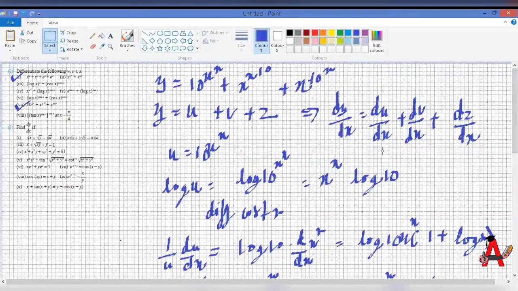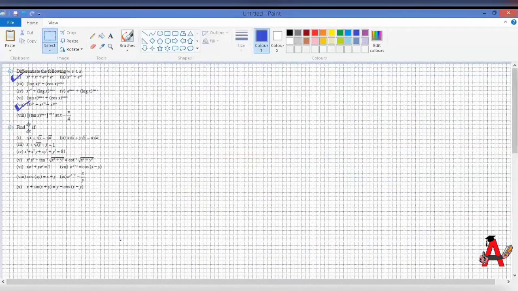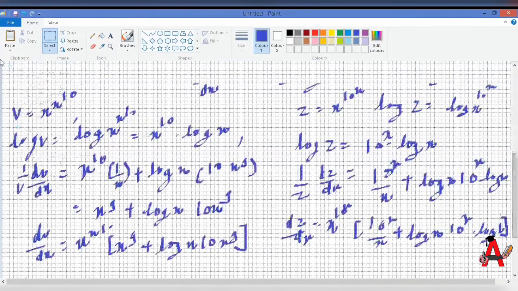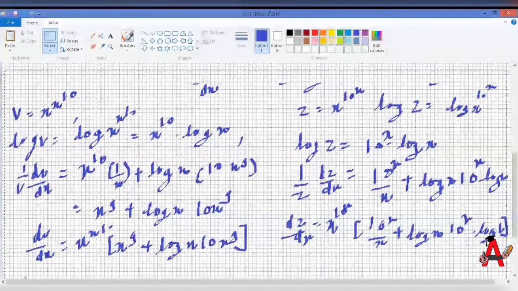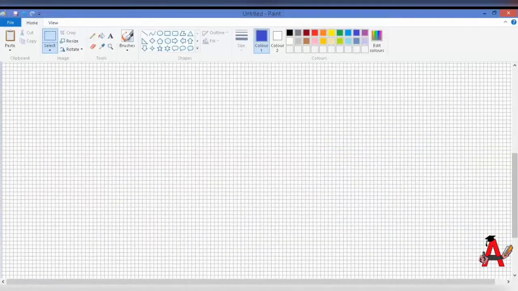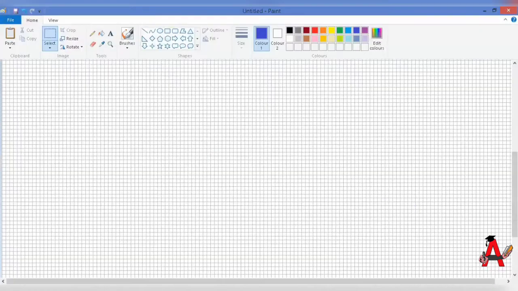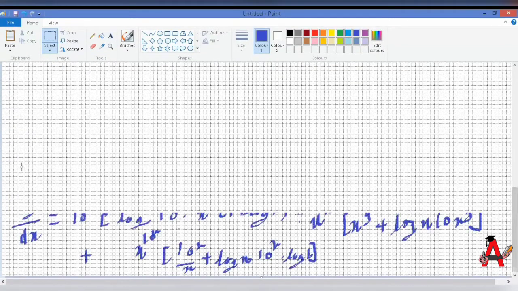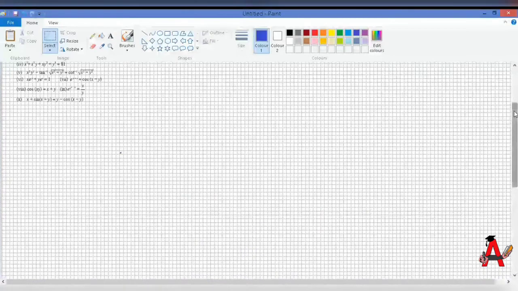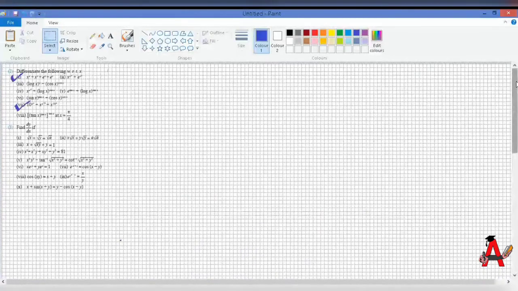Let's try and do the third question now. The third question is of a slightly different type where you have x and y.